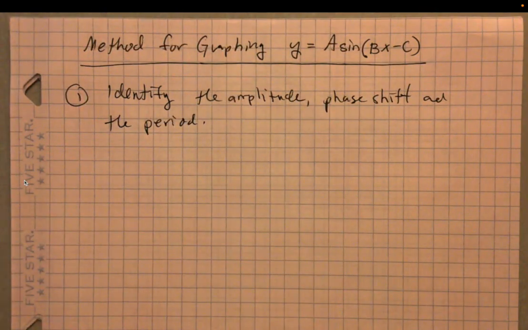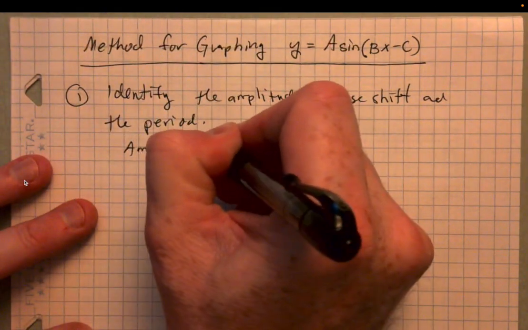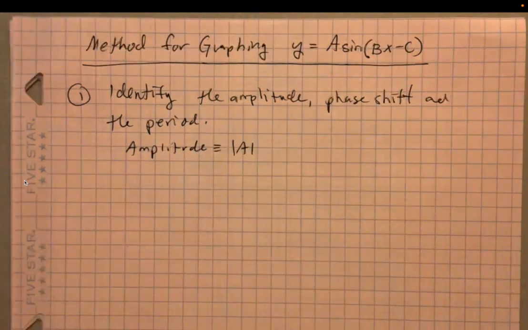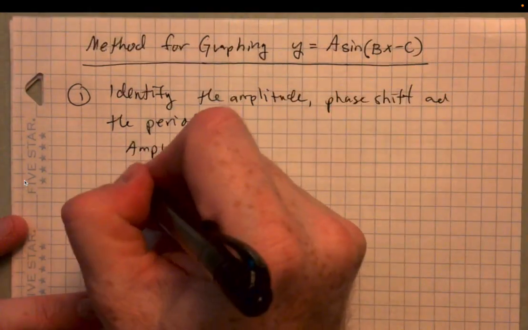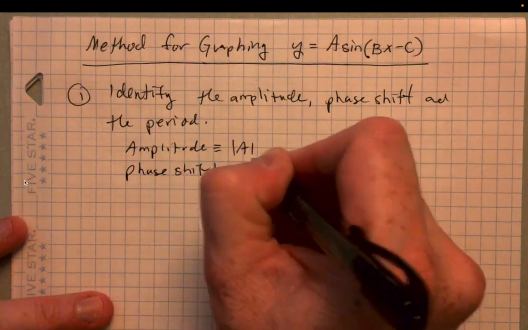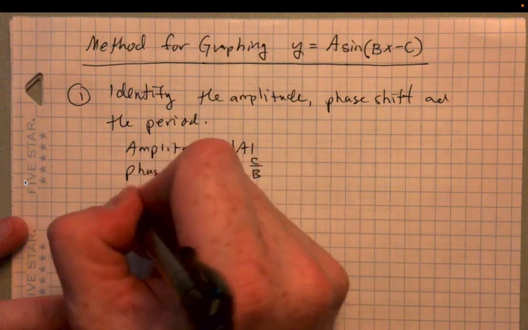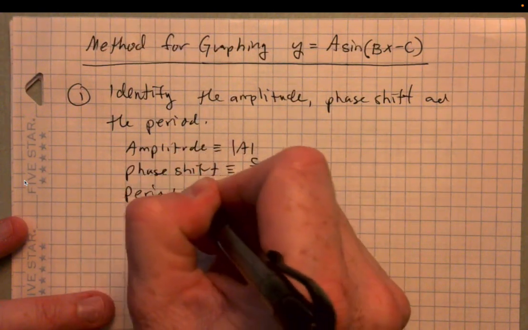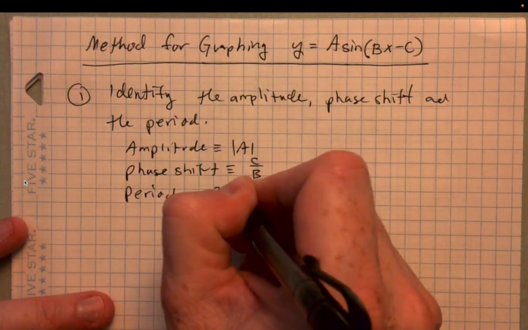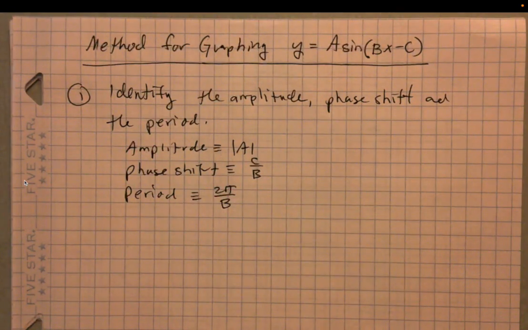The amplitude is given by the absolute value of a. The phase shift is given by c over b, and the period is equal to 2 pi over b. So we need to identify these three numbers first.